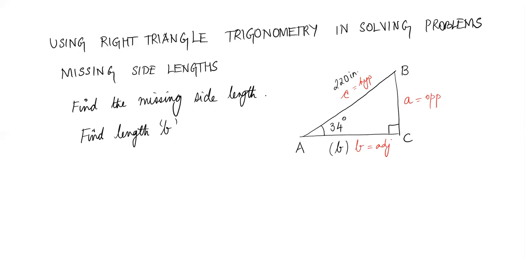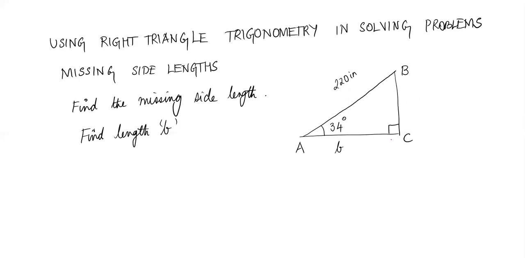So B is the unknown, 220 is given to us, and angle 34 degrees is given to us. For the time being, I'm going to erase all the red marks. Okay, so 220, B, and 34 degrees. Now we have to focus on using the appropriate trigonometric function so that we could utilize what we know with what we don't know. So you're going to try and create a bridge between the known and the unknown.